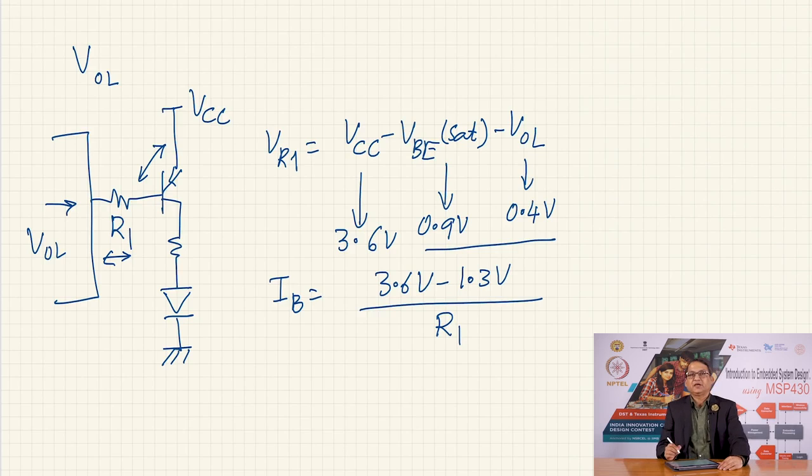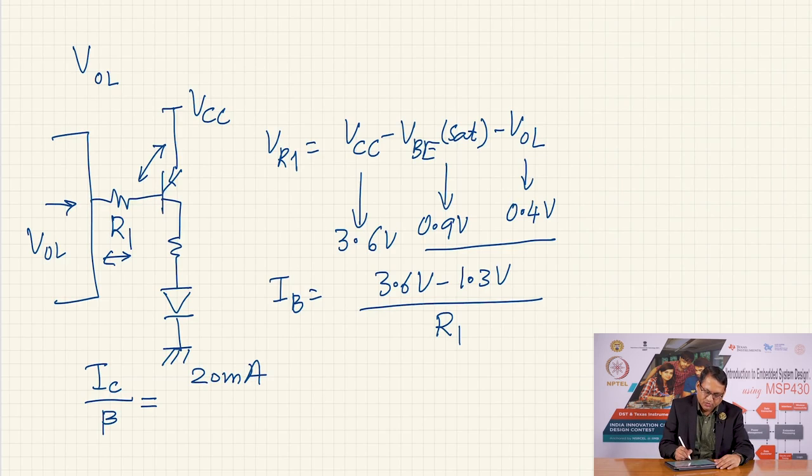And how much base current do we want? We want the base current to be many times the actual base current, where IC, that was 20 milliamperes, divided by beta is the base current in the linear region, but since we want to saturate, we will allow much more current. So, this is 20 milliamperes, and we can assume beta to be 100.